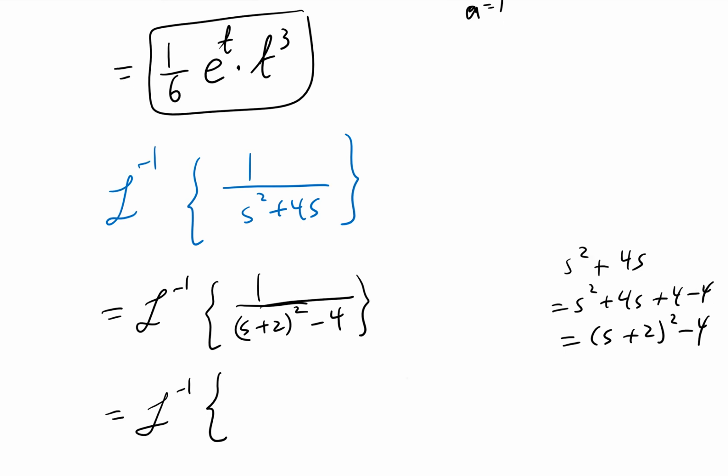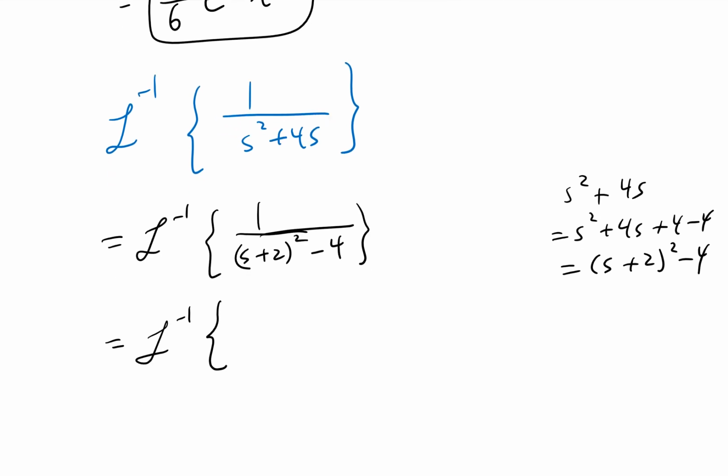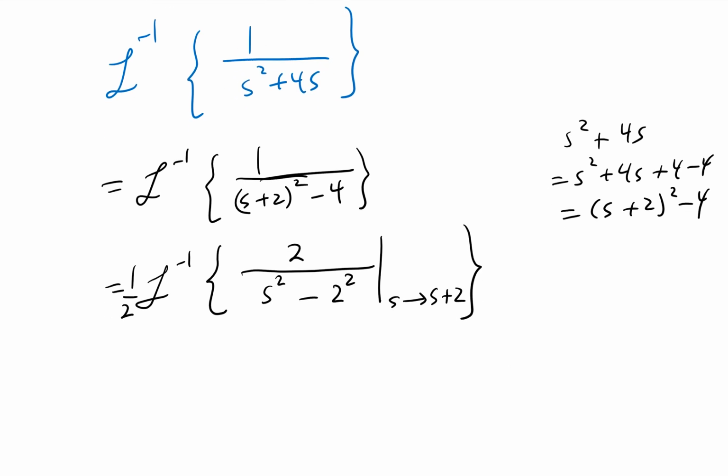Okay, so the next step, I want to make the s plus 2 squared minus 4 into the form s squared minus a squared. So 4 means 2 squared. So I have to have 2 on the top. And because I put a 2, I have to put a 1/2 in the front. And then remember, s goes to what? S plus 2 backwards. Replace with s plus 2.